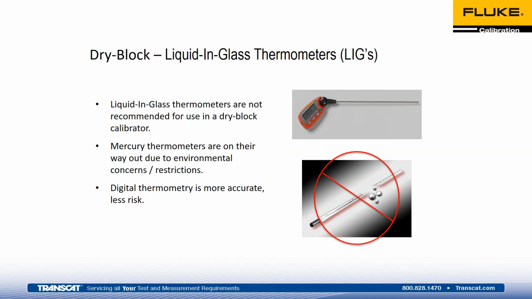And so what happens is you get a nice air gap around that mercury stem where you're trying to take the reading from. Again, it kind of results in a low reading. Also, the EPA is kind of putting the kibosh on them. And so again, they're kind of on their way out, and digital is the way we're moving forward.